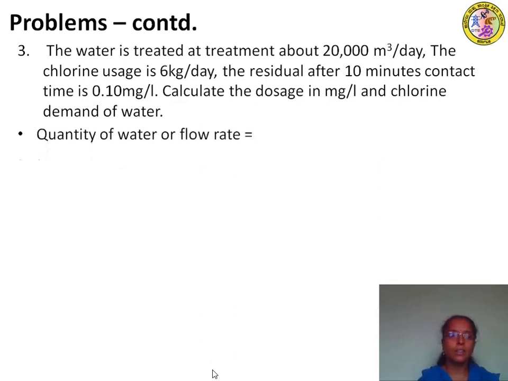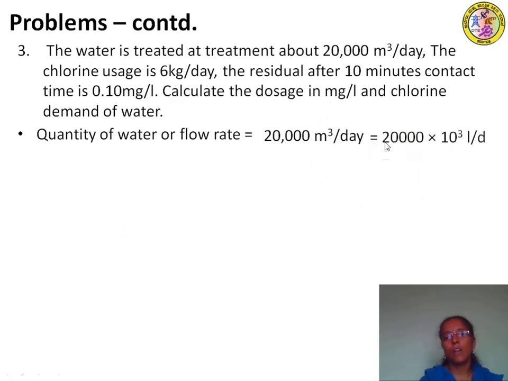Let us write the data. The quantity of water to be treated is 20,000 meter cube per day. We have to convert it into liters per day by multiplying with 10 power 3, so 20,000 into 10 power 3 liters per day.